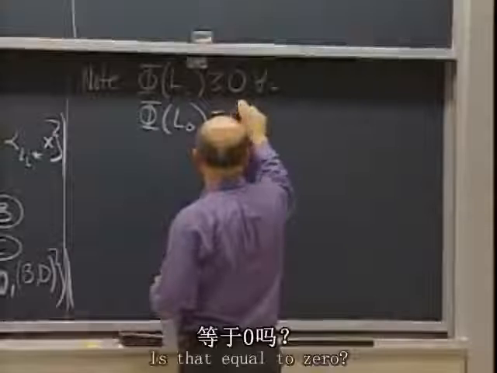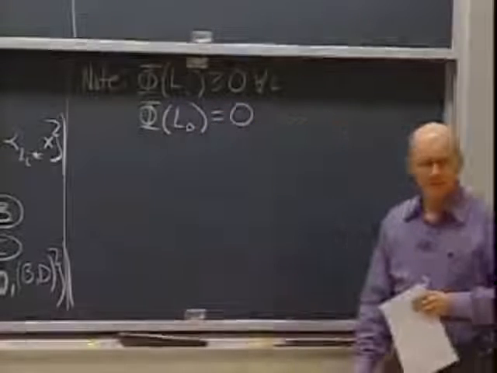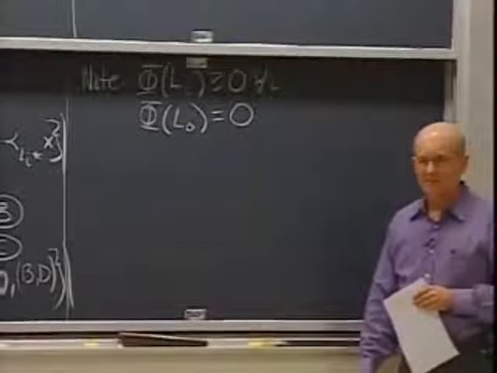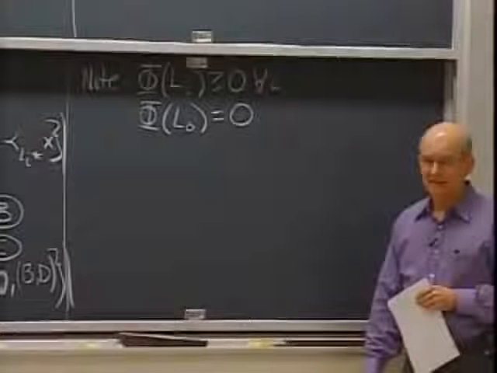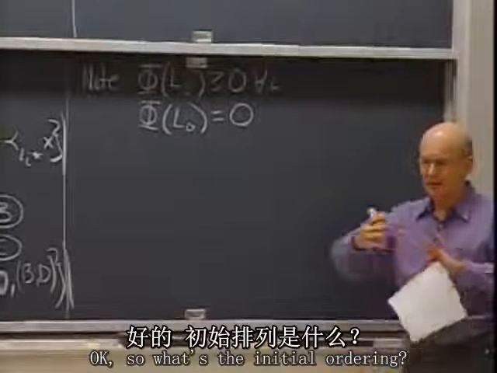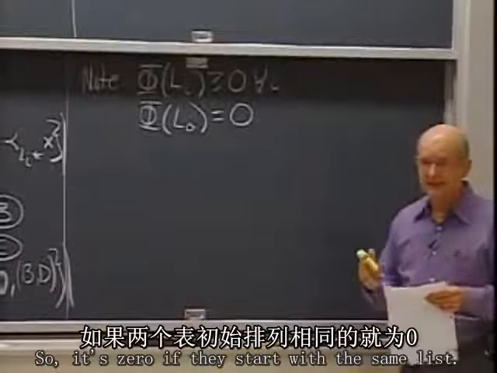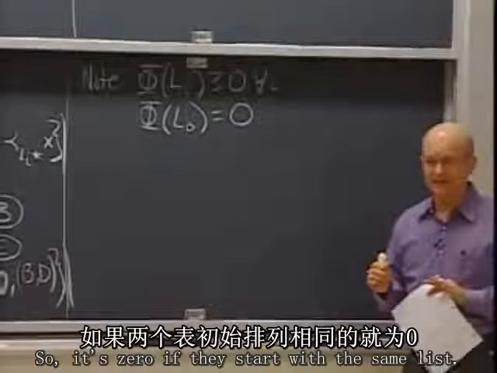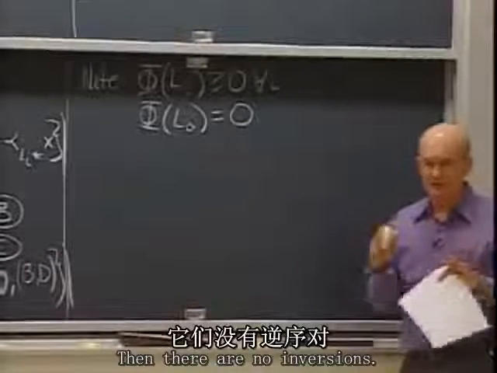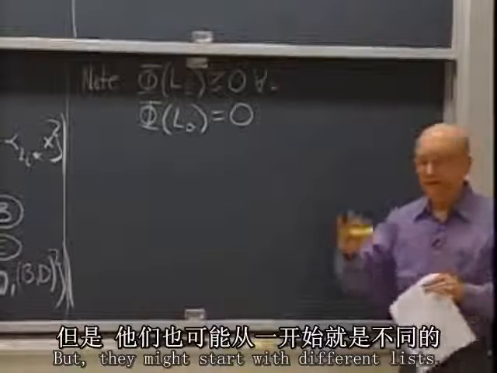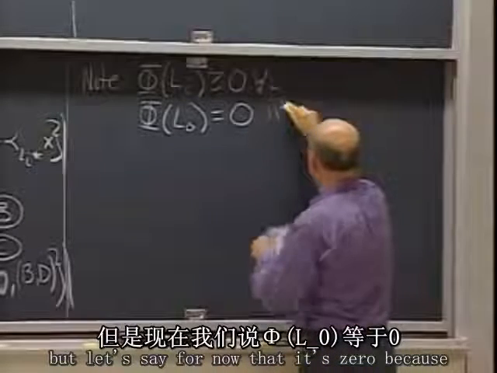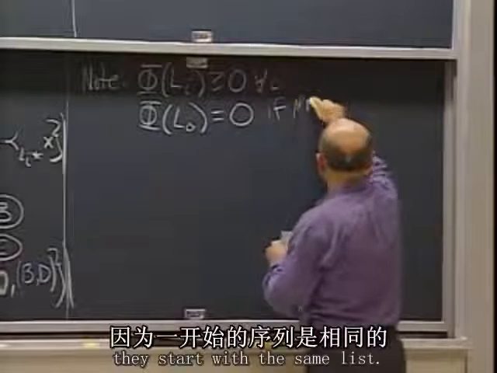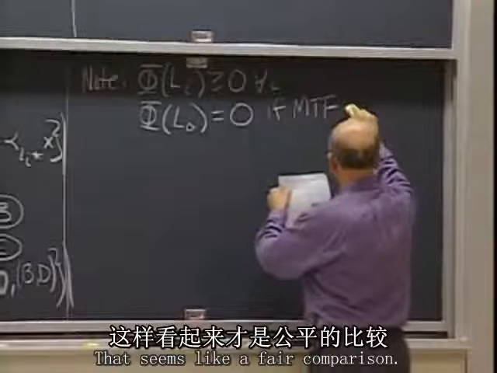Is that equal to 0? Well, it depends upon what list they start with. So, what's the initial ordering? It's 0 if they start with the same list. Then there are no inversions. But they might start with different lists. We'll talk about different lists later on. But let's say for now that it's 0 because they start with the same list. That seems like a fair comparison.